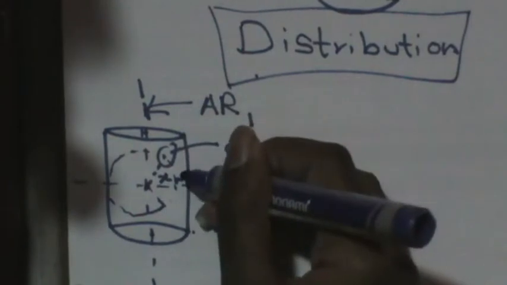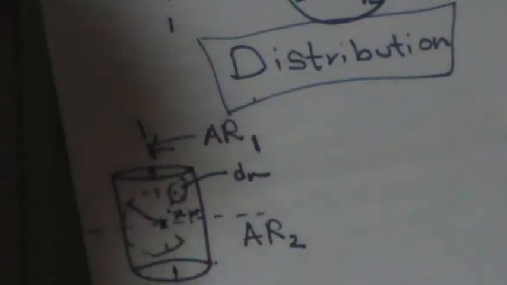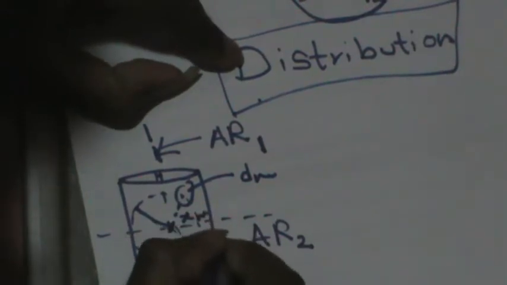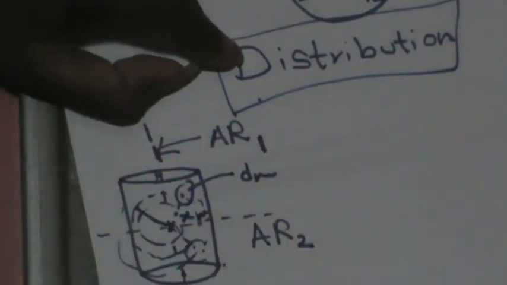Is the mass at this one equal to this? With AR1, it may be equal. But with AR2 it's not equal. If you take AR2 and draw some mass like that, it will certainly not lie on the circle. It will sometimes be outside the circle, or sometimes inside the circle.